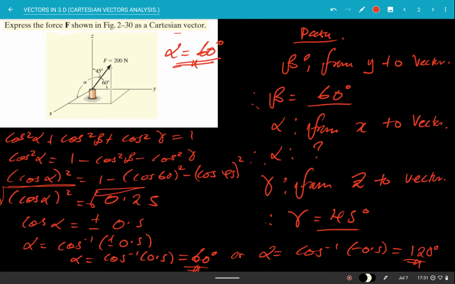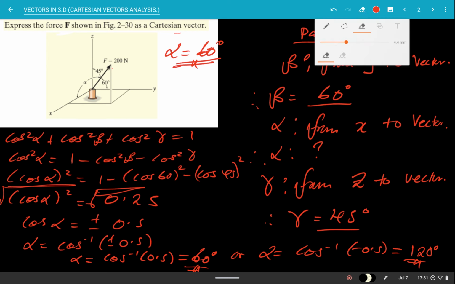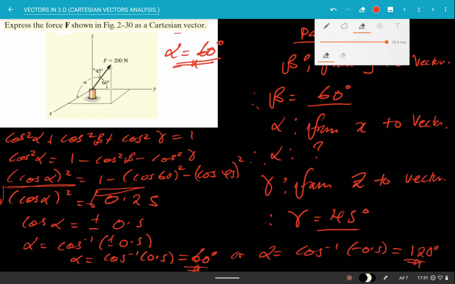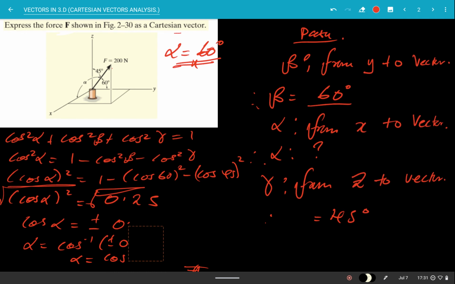After that, we now know all the angles that we need. So alpha is 60 degrees. Let me just erase this. I'll get my magic eraser. Sorry about that.